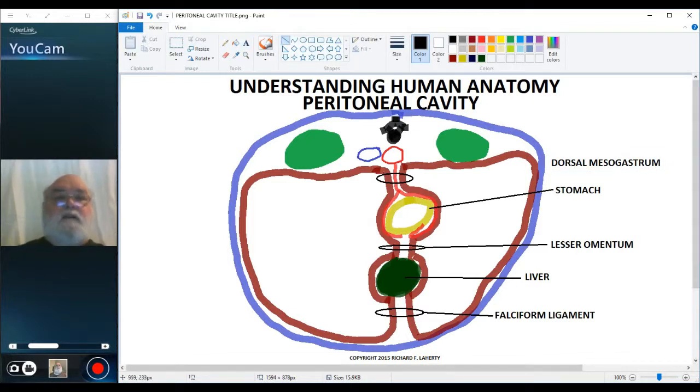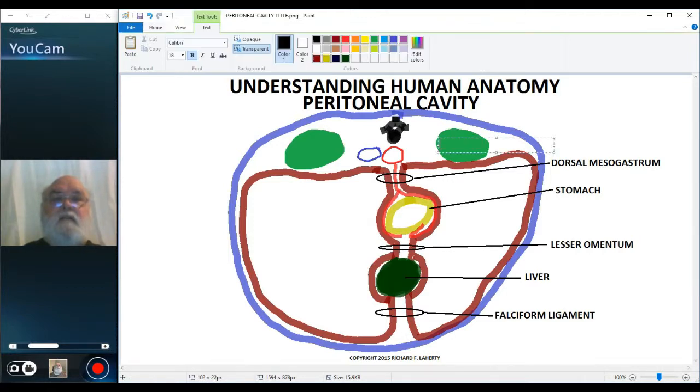And we'll draw a line connecting the label to the circle. And again, this is kidney.